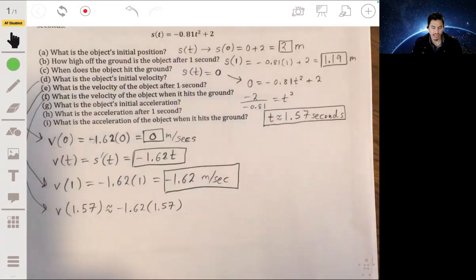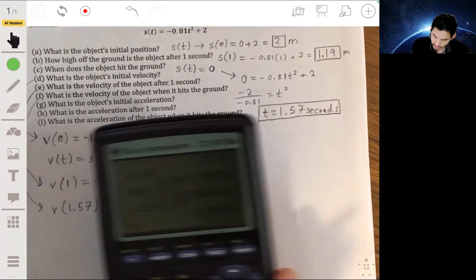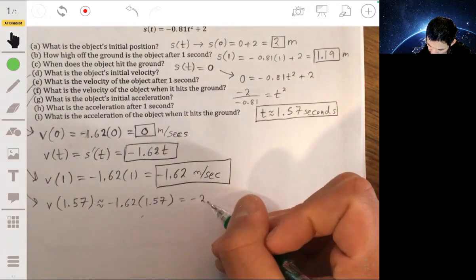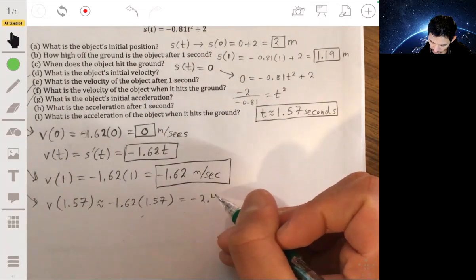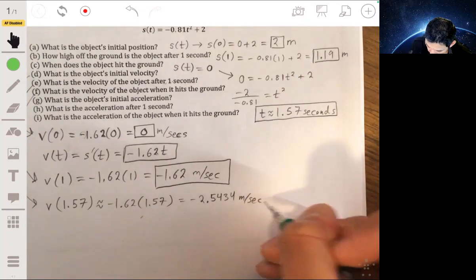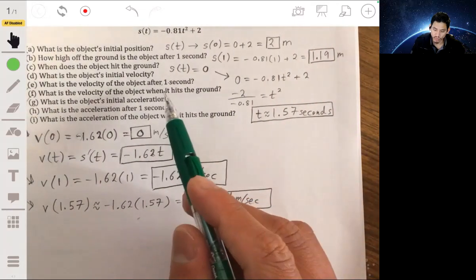Using the calculator, it's about 2.5434 meters per second, or I should say negative. Its velocity is about -2.5434 meters per second when it hits the ground.